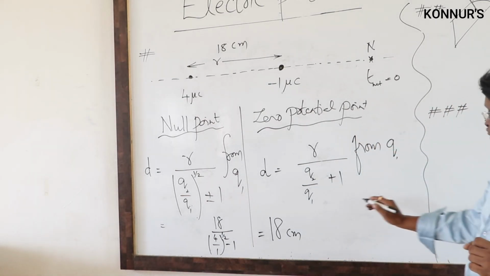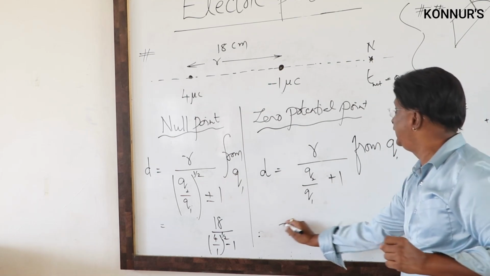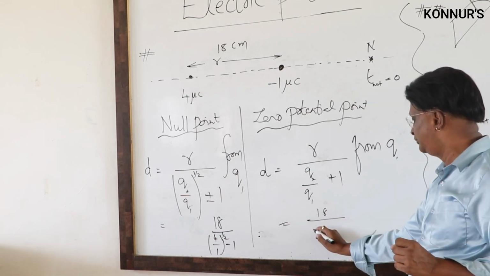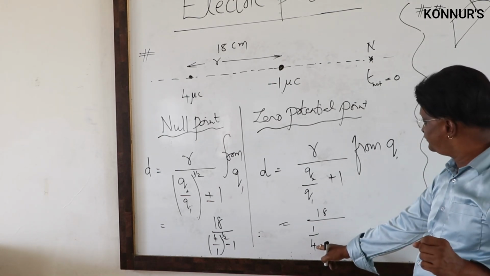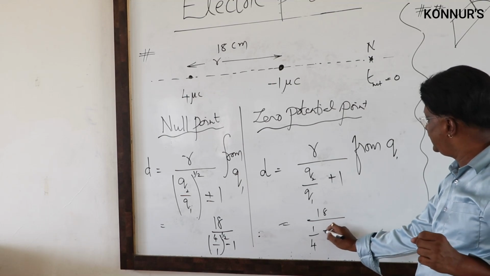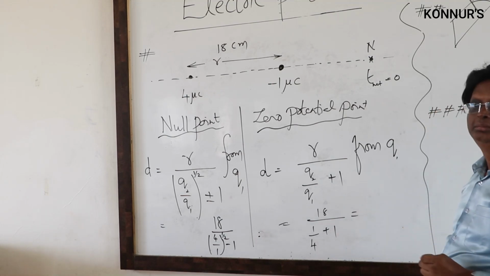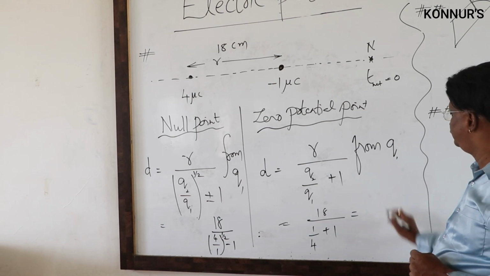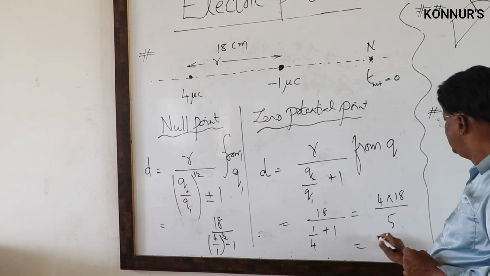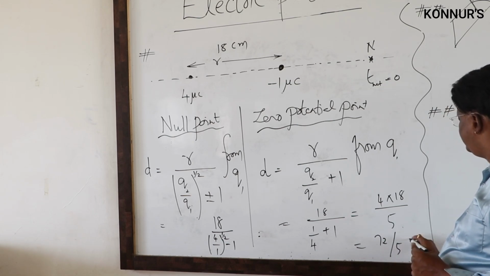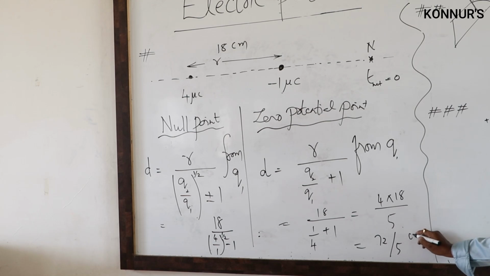Now how to calculate this? This again is 18 by, suppose I write 1 by 4. This time I am taking distance from 4 microcoulomb, and then I am writing it as plus 1. So this will be 4 into 18 by 5, that is 72 by 5 centimeter from 4 microcoulomb.